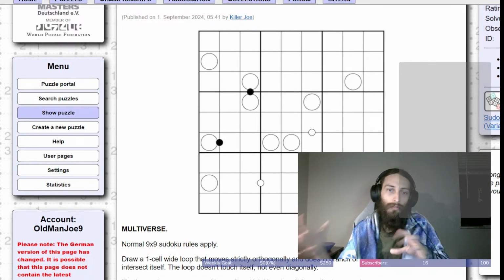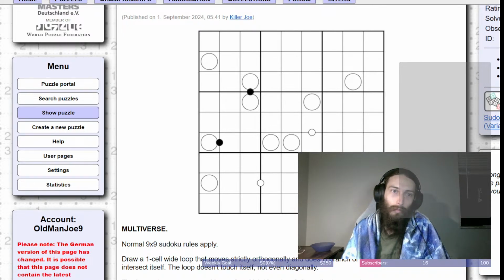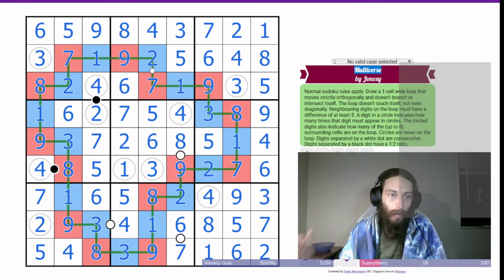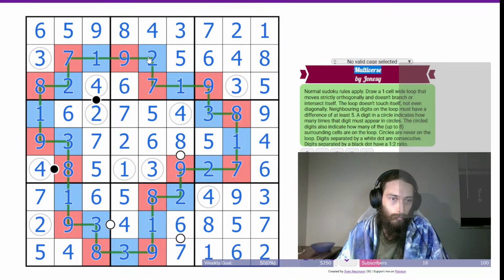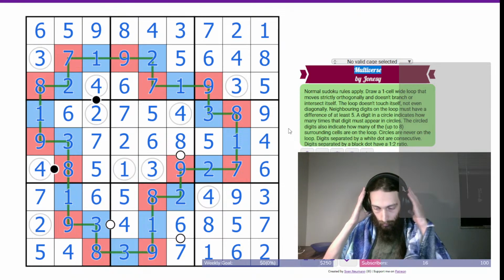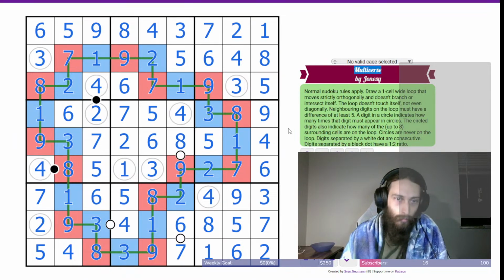Yeah, there was a lot of just considering all of the possible options, or at least that's how I solved it, of going through this loop. But I don't know. I eventually got there. Figuring out what the circles had to be wasn't too difficult.